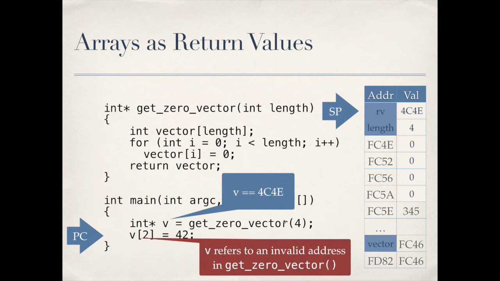Good. So as we have seen, it doesn't work here, because if we allocate the memory locally in here without any other means, then we would return an invalid address. So we have to find a different way.